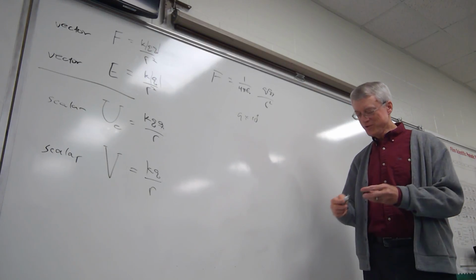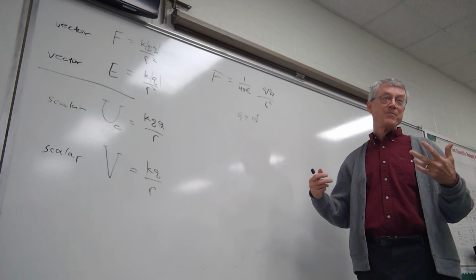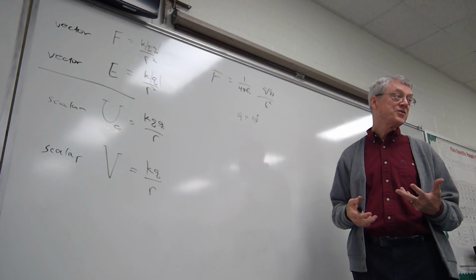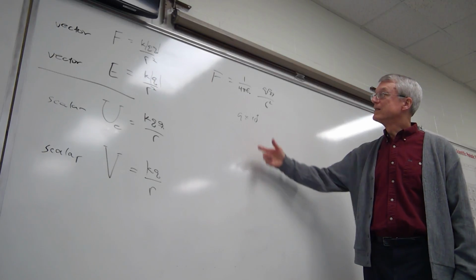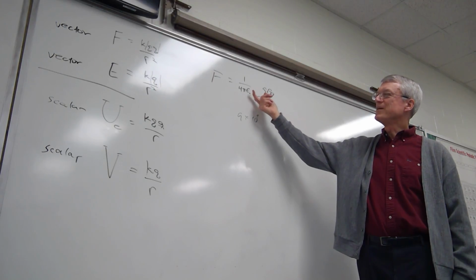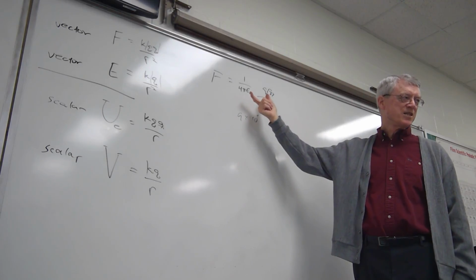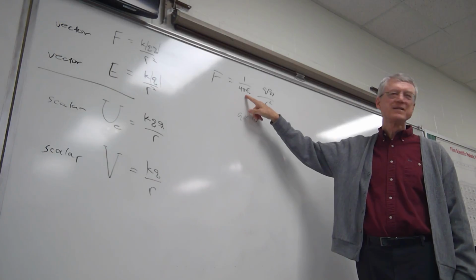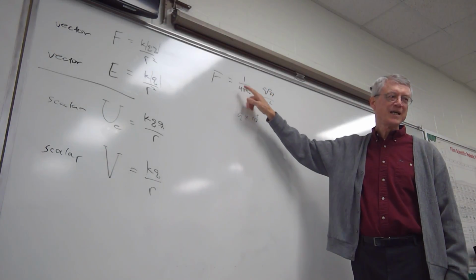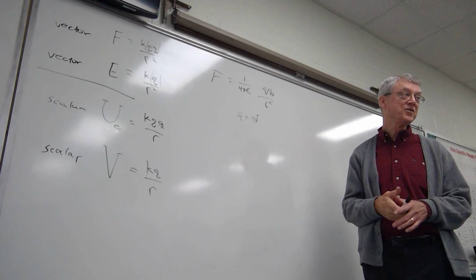But in Physics 2, because now you're all smarter than you were last year, they decided, instead of putting a K there, let's make it a little harder for the seniors. So we're going to write it this way. It's still 9 times 10 to the 9th. I still know it as K. If you ask me for any of those equations, I'll tell you what it is in terms of K.